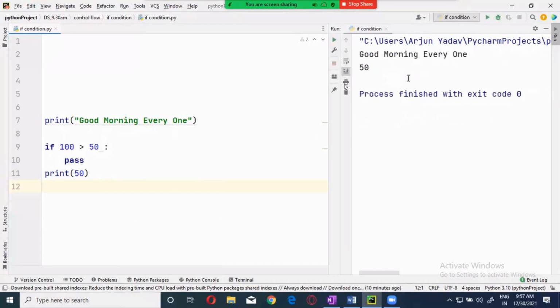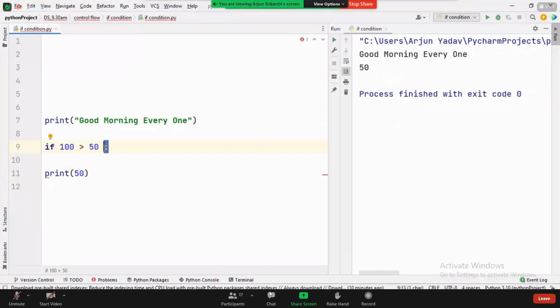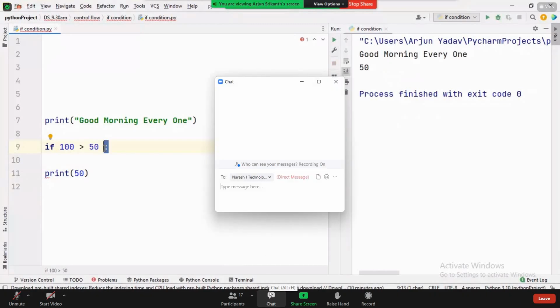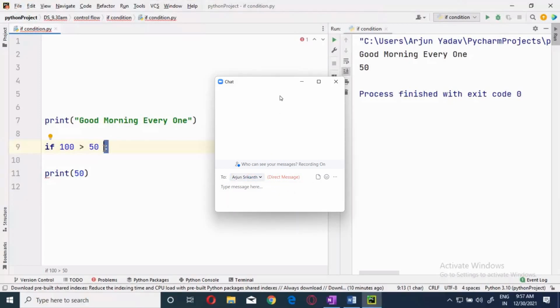Okay, guys? Now, what I'm trying to say is that if is a statement ending with a colon, and any statement ending with a colon says that there is a block of statements under it. That block of statements should be differentiated from the main program line statements by giving some spacing.